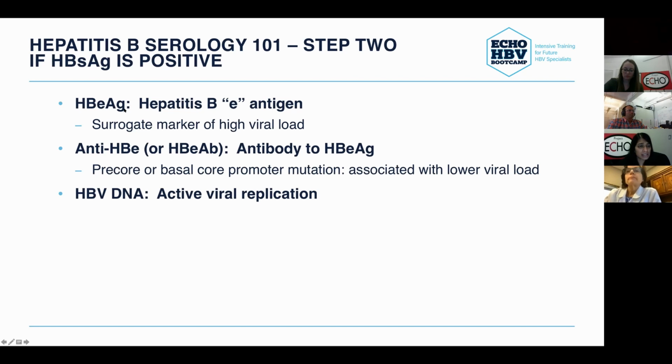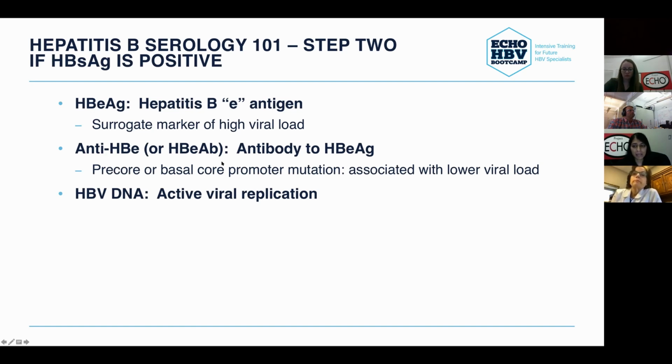The additional testing includes, but is not limited to, these serology tests that you want to be sure to test for. That is the hepatitis B E antigen test. This can be a surrogate marker of higher viral load or these earlier phases of infection, which I'll talk about on the next slide. Over time, typically people will lose E antigen and develop E antibody, so you also want to check E antibody.